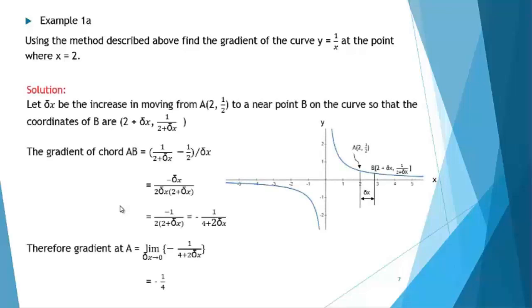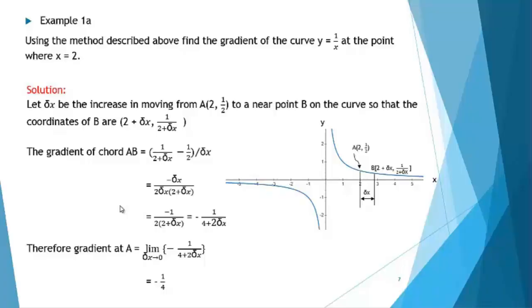The solution is: let delta x be the increase in moving from a, 2, 1/2, to a nearby point b on this curve, so that the coordinates of b are 2 plus delta x, 1 over 2 plus delta x. Here we get the coordinates of b as 2 plus delta x and 1 over 2 plus delta x, because we are substituting 2 plus delta x in the equation y equals 1 over x, as there's an increment of delta x.